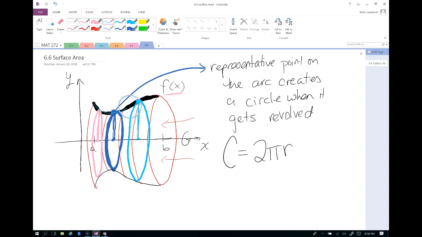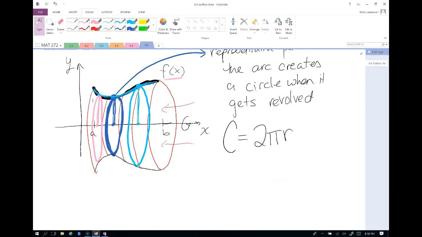So this function, since it is a curve, and since it has an arc length, we are going to extend this out to 3 dimensions and include the fact that this is not a straight line, but a curved line, by also including our arc length formula, and say that we want to find this circumference value for every single circle that could be created between a and b.